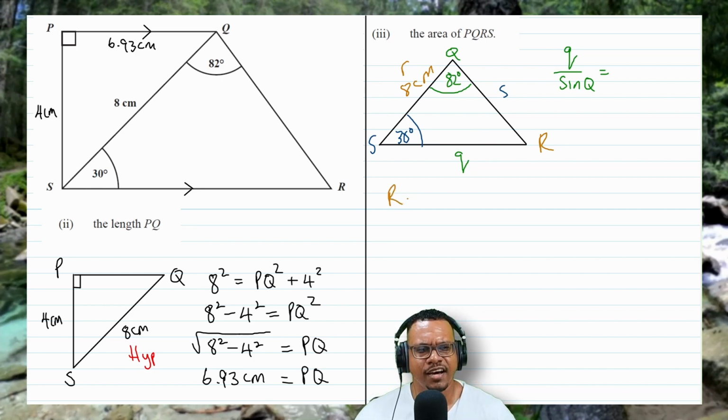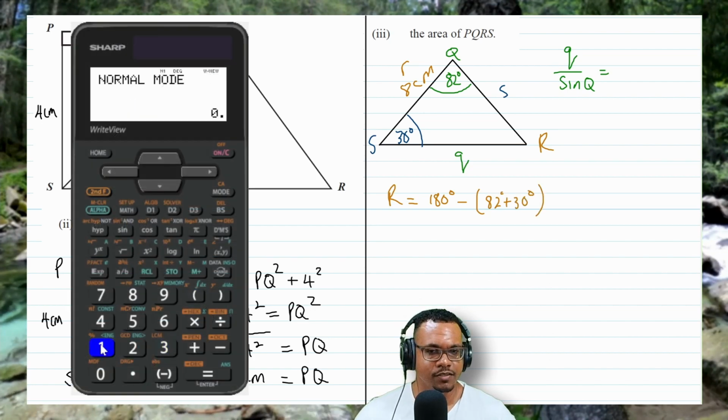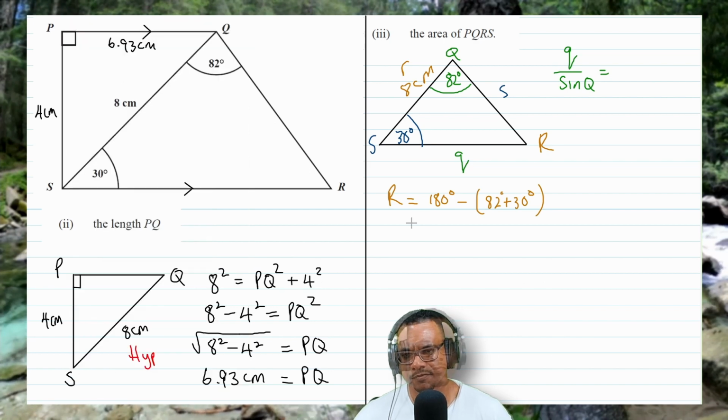So angle R is equal to 180 take away 82 plus 30 degrees. So let's have 180 take away open brackets 82 plus 30 degrees close brackets, and that's 68 degrees. So angle R is 68 degrees, so that means here is 68 degrees.